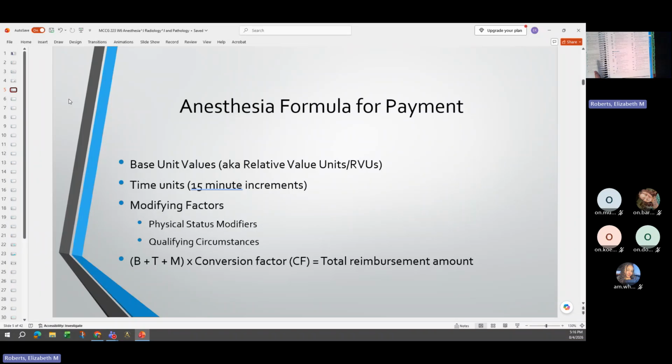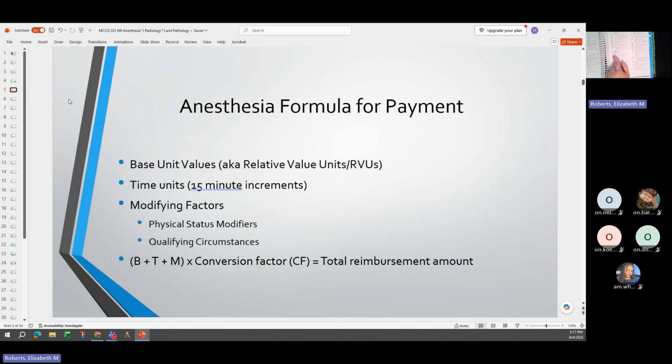There is modifier 22 that the surgeon can report on the CPT code for the surgical procedure to report that it's an increased procedural service. However, on anesthesia, it's the same code, 00500, for our 25-year-old patient versus our 85-year-old patient. You cannot use modifier 22 to identify an increased procedural service on an anesthesia code.